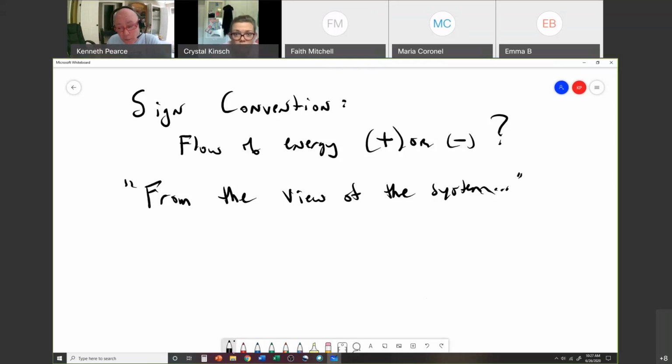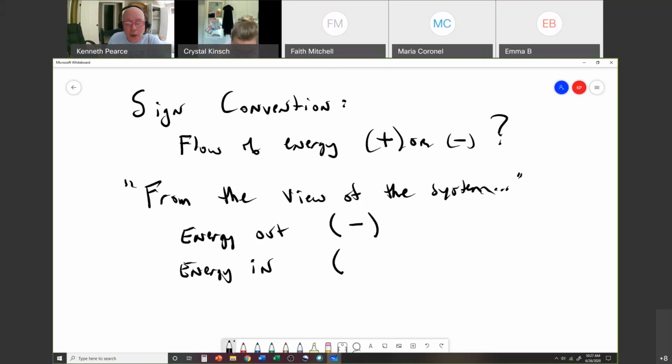This is why it's so important we figure out what the system is and what the surroundings are whenever we're trying to decide something. From the viewpoint of the system, if it's energy out, it's negative. And energy in, it's positive.